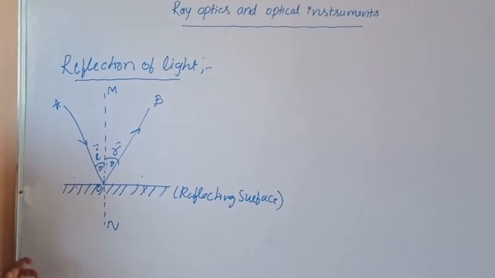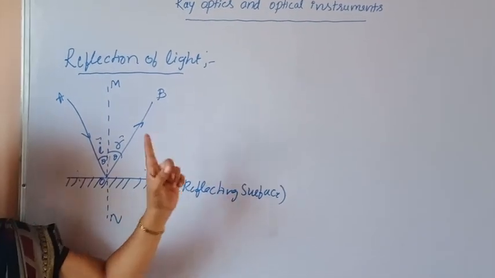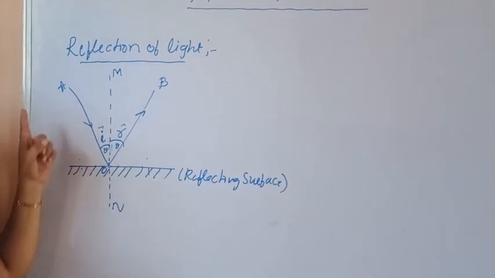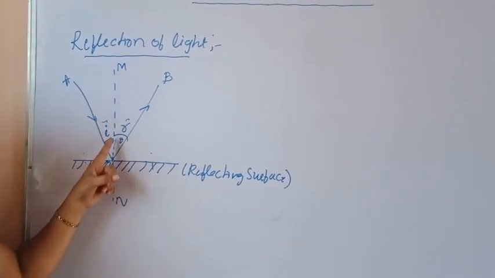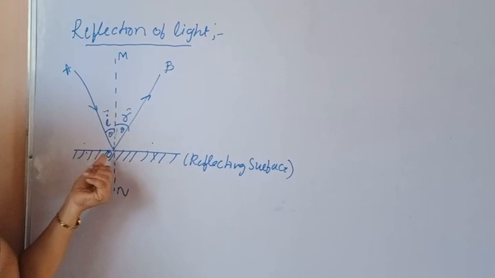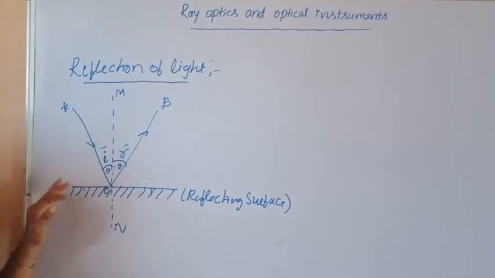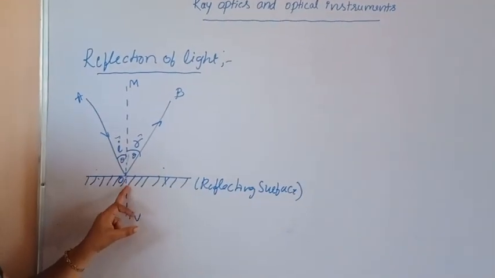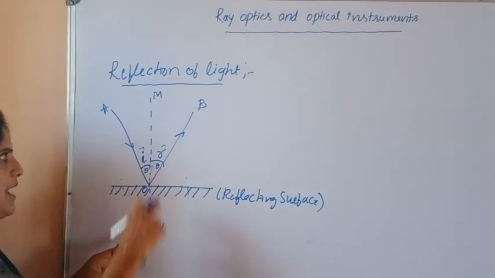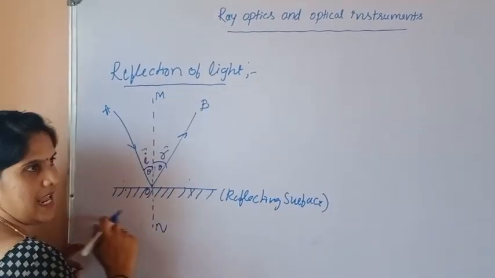This is the first law of reflection. What is that? The incident ray, reflected ray and normal drawn to the surface at the point of incidence all lie in the same plane. AO is the incident ray, OB is the reflected ray and MN is the normal, all lying in the same plane.